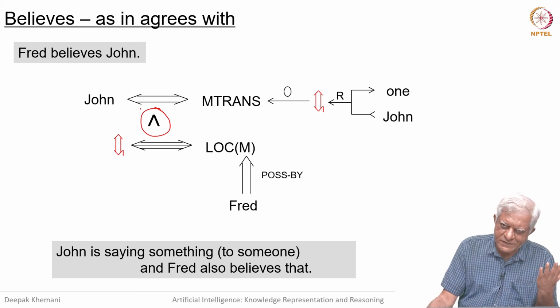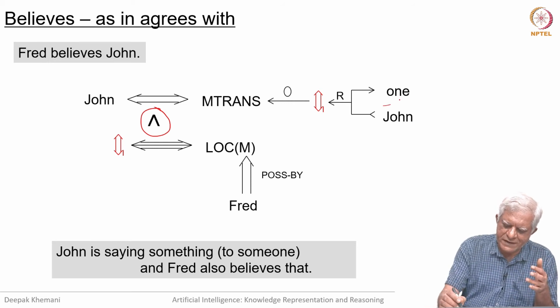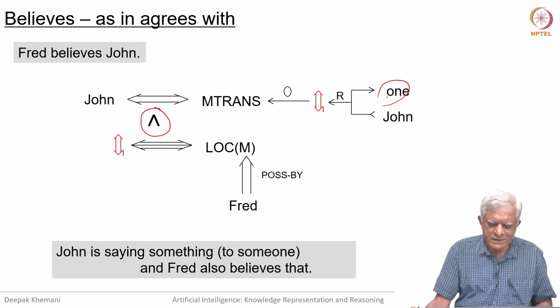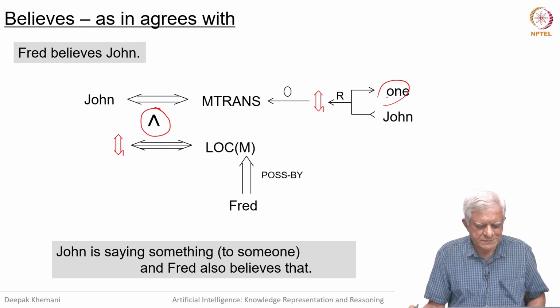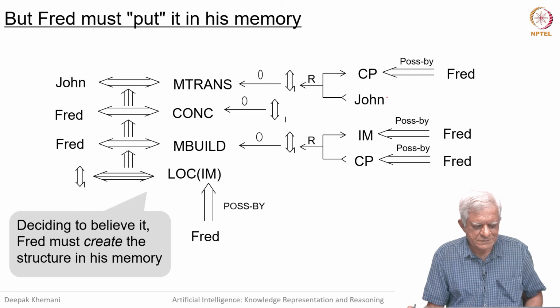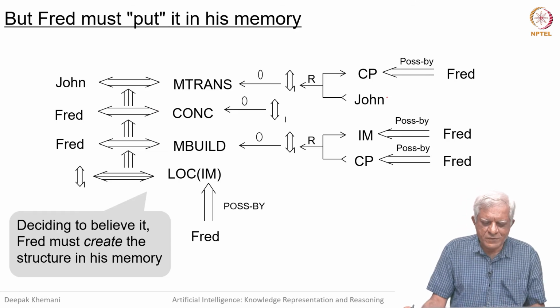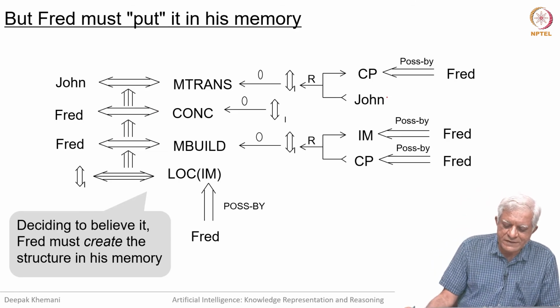The earlier sense was there was a causal relation between John telling this to Fred, and then Fred believing that essentially. Here John is telling it to someone, but Fred also believes the same thing. But Fred must put it in his memory, right, if he does that.